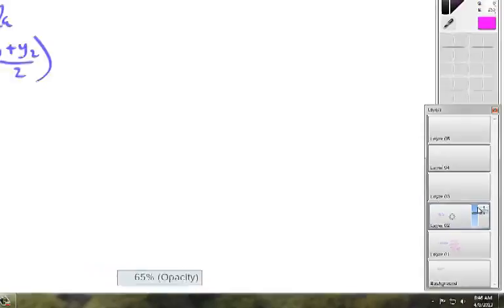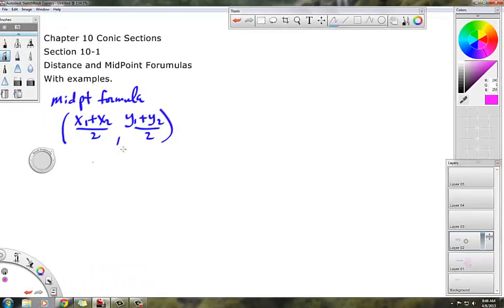The next one is the midpoint formula, and here it is. So if we are going to find the midpoint of a line segment, and the 2 points we're looking at this time, I'm just going to take another 2 random points here. There's point number 1 and 6, -5.